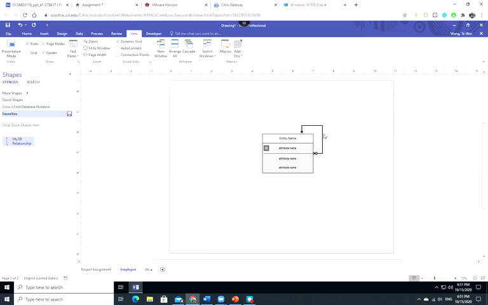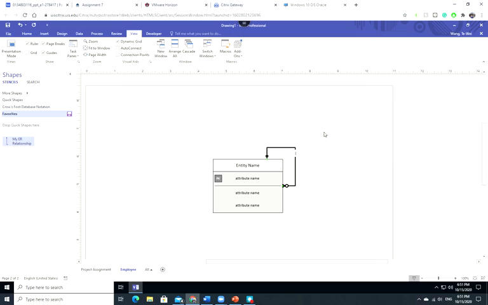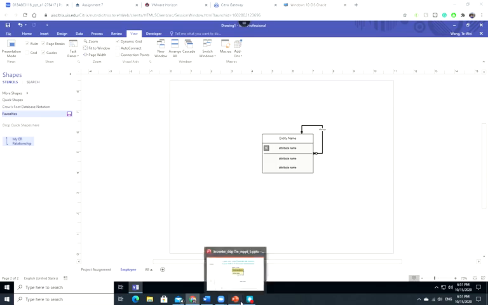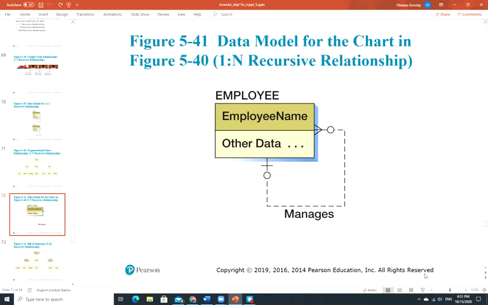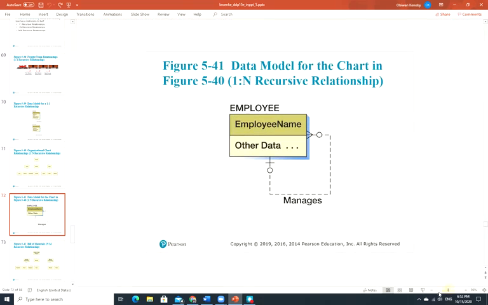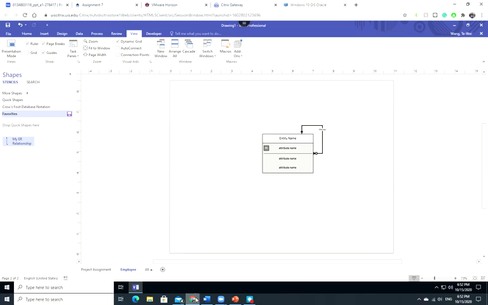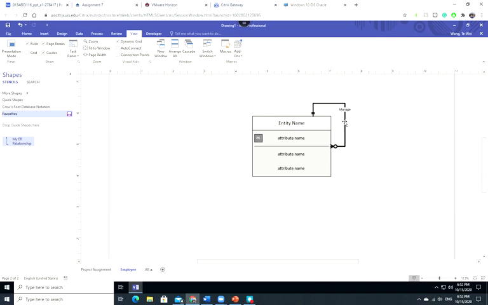In this particular case, we probably want to name the relationship by double clicking and say this is the manage relationship, right? Manage. And if you look at the pattern again, it's a non-identifying relationship, right? Non-identifying. So we'll go back and change that to non-identifying, so that it becomes a dashed line, so that it fits in there.